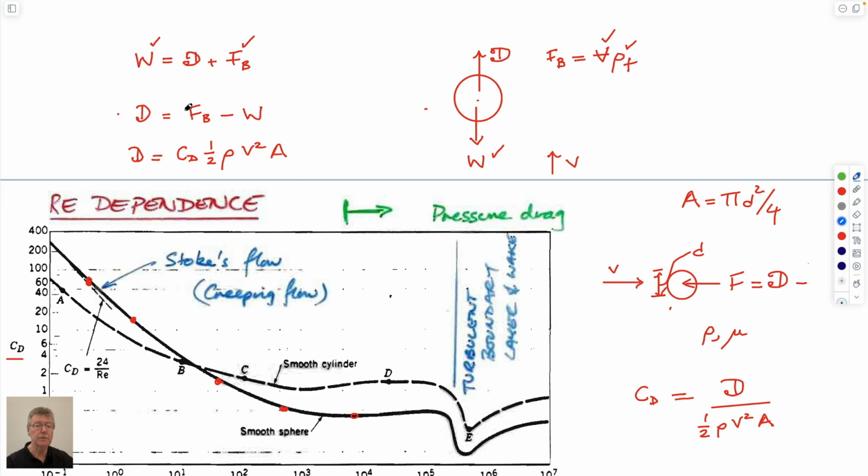This is just how it would be done. You absolutely know the buoyant force from the volume. You absolutely know the weight. You know this as a function of velocity. So if you set these equal to each other, the only unknown you have in this equation is velocity.